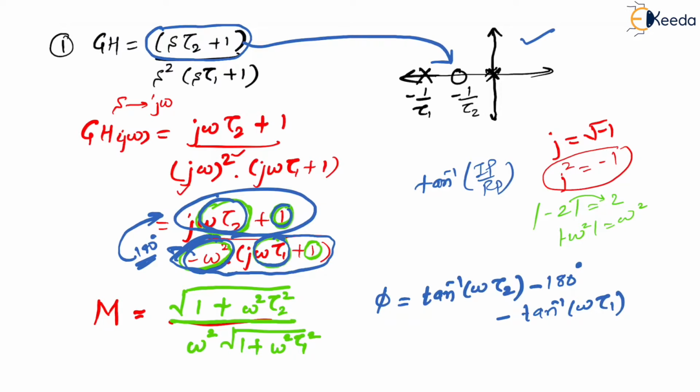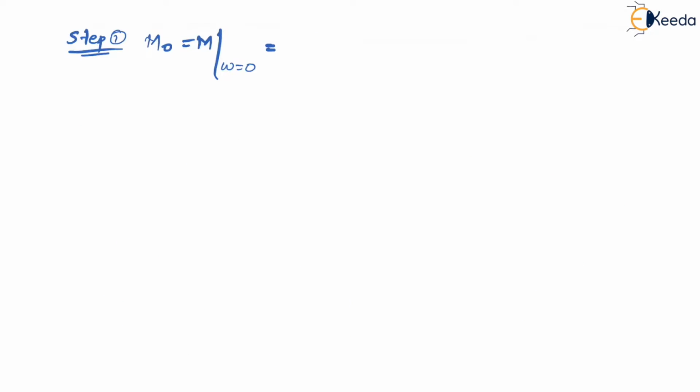In this particular magnitude equation, if you put omega equal to 0, you get under root of 1 plus 0 divided by 0 into under root of 1 plus 0. What does that mean? Anything divided by 0 is going to be infinity. So here what you get is infinity, right? That is your M0.